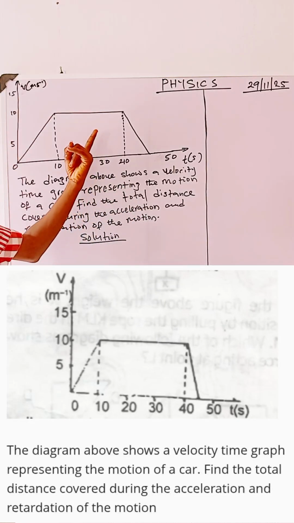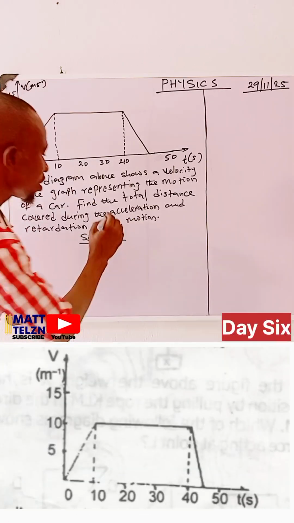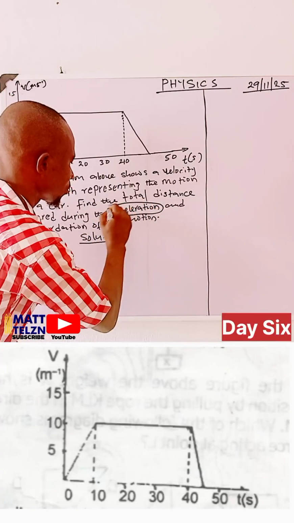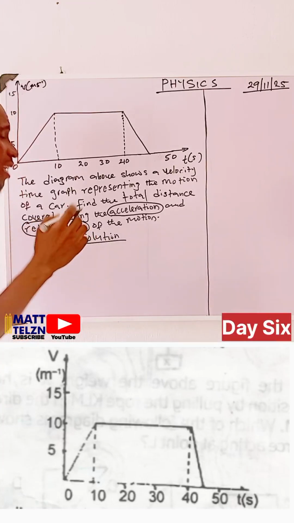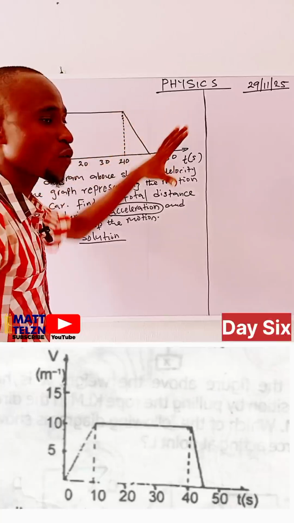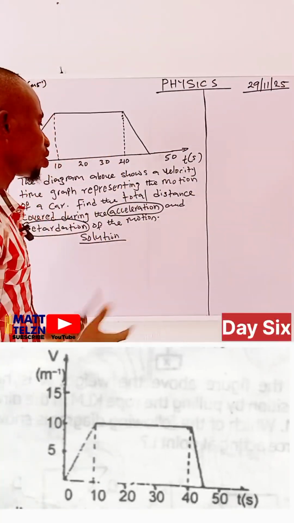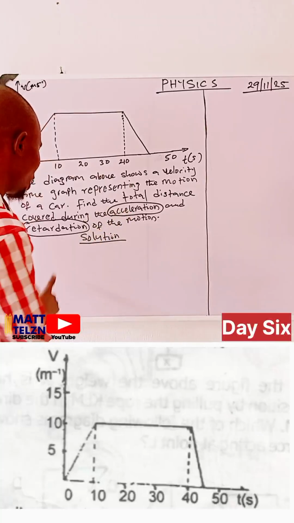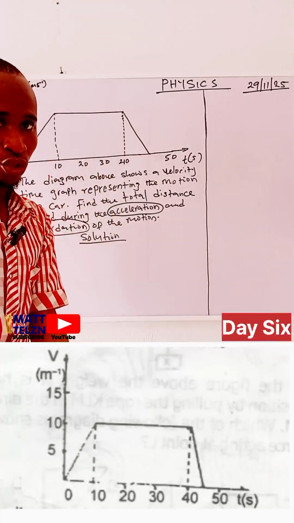Now this is the diagram, and what we are asked to find is the total distance during acceleration and during retardation. That simply means we are not asked to find the total distance of the movement of the car. We are only asked to find the total distance during acceleration and during retardation. Retardation simply means deceleration, right?